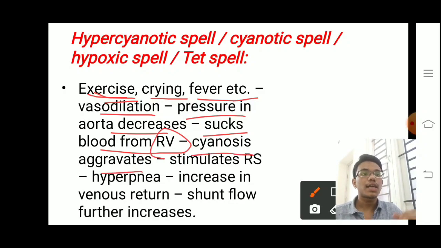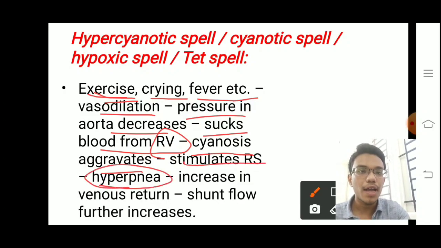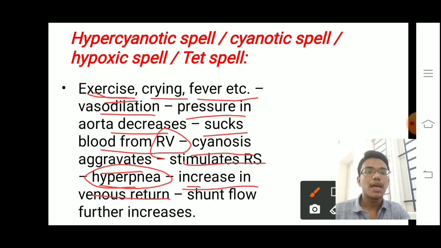That is, cyanosis aggravates in this condition, and also this aggravation in cyanosis will stimulate the respiratory centers in the brain to cause hyperventilation. So the child will go into a state of hyperpnea, which will in turn cause increase in venous return, and the shunt flow further increases, causing the hypercyanotic spell. This is the pathophysiology of hypercyanotic spell, how it develops.